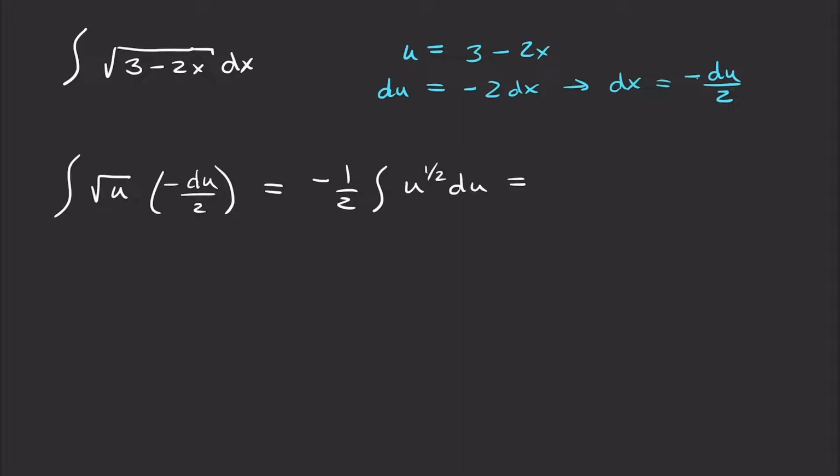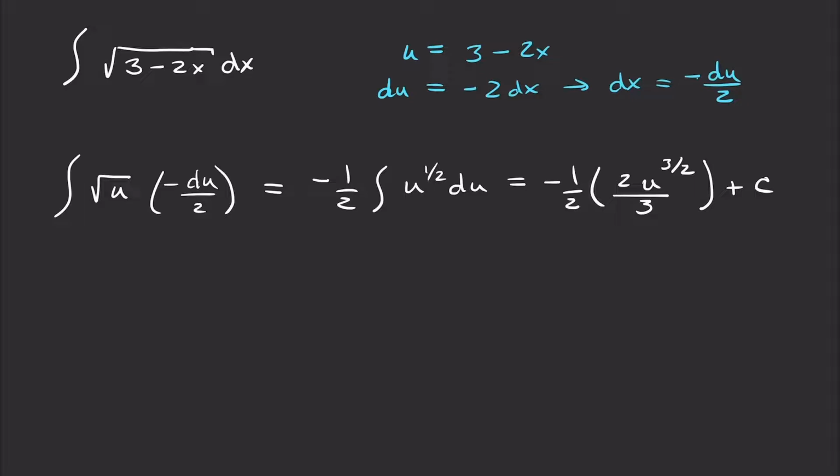And now we can use our rules. So this is minus 1/2. And then u is going to increase to the 3/2 power. And we're going to divide by 3 over 2, but that just means the same thing as multiplying by 2 over 3, or the reciprocal. So I'm going to write it like that, and I'm going to start doing that because it's a little bit easier.